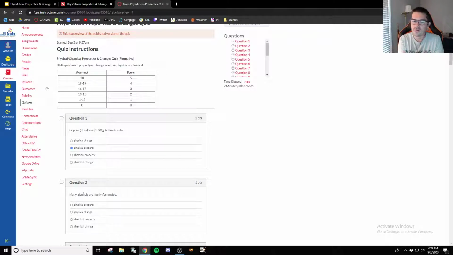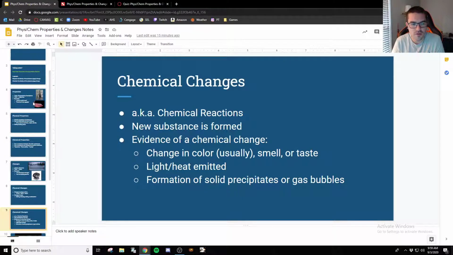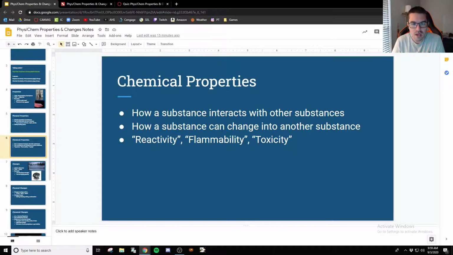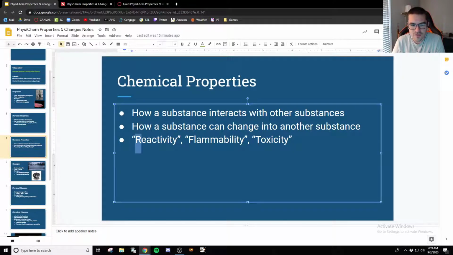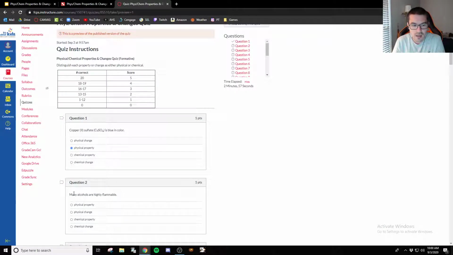Probably not. Let's think back to what some of the slides talked about before. Chemical properties, right? These are some key words that I want you to look for. If you see any of these three words, like flammability, that means chemical property. So it says many alcohols are highly flammable. That's a chemical property.